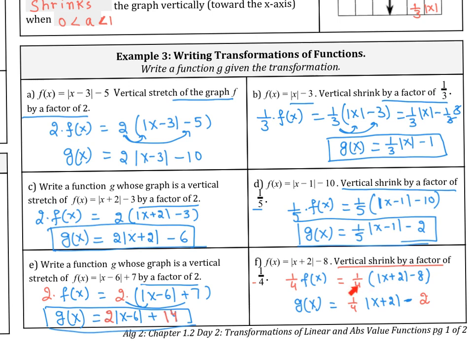And now you're going to distribute that. So 1 over 4 times absolute value x plus 2, and then 1 over 4 times negative 8. So when you multiply this with the negative 8, it's going to give you 8 divided by 4. So 8 divided by 4 is going to be 2. So that is the g(x), your final answer.